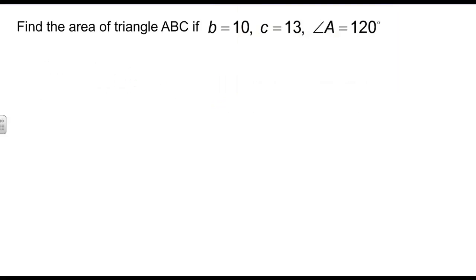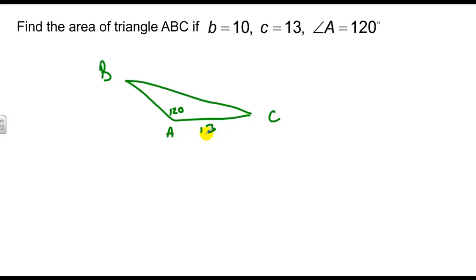So if I get another problem that has an angle A, and in this case angle A being 120, and then side B being 10, side C being 13, then all I'd really have to do, since I have a side-angle-side, is take 1/2 the two sides and their product, multiplied by the sine of the angle between.